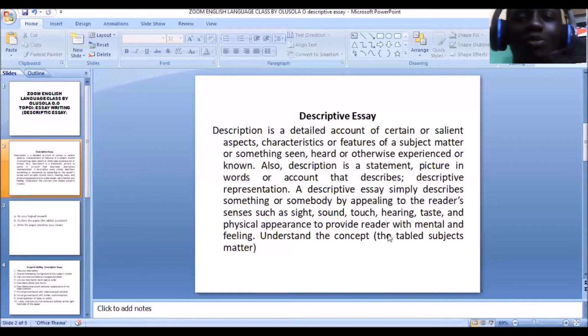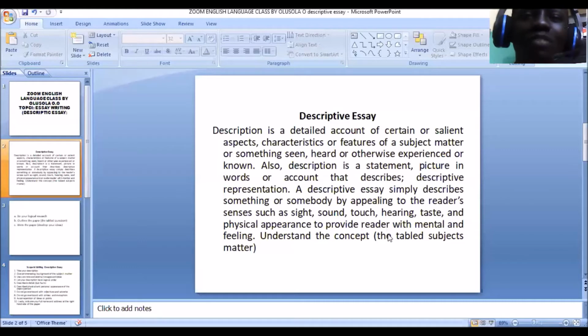Let's assume you are asked to describe your best friend. You must cover the sense of sight, sense of touch, sense of hearing, sense of taste, and physical appearance. There are some persons that when you greet them, maybe meeting them for the first time, some will welcome you with a smile, some will not.